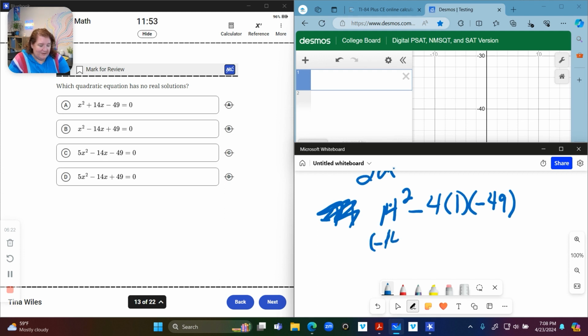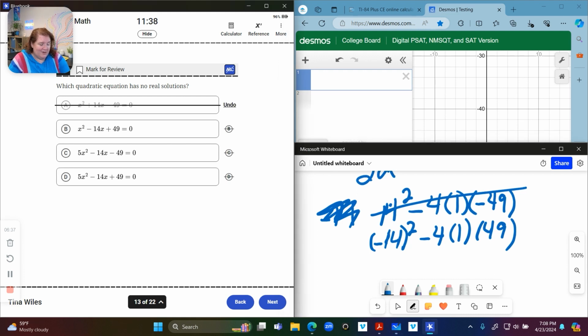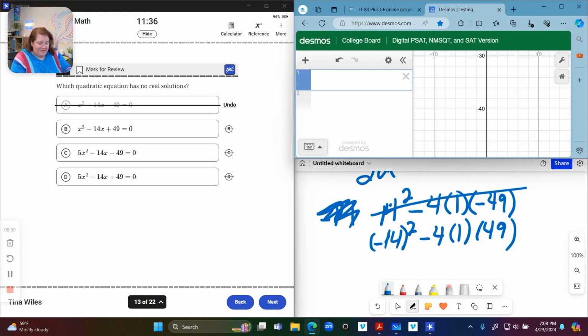Negative 14 squared minus 4 times 1 times 49. This one's going to be positive no matter what because I'm adding. So that one's wrong. This one, we have to do 14 squared minus 4 times 49. It's 0. So that would give us one solution.